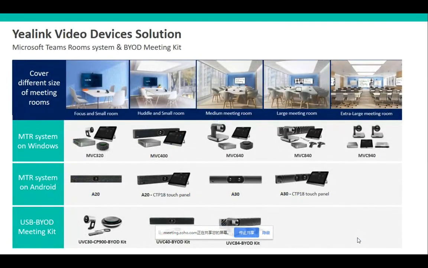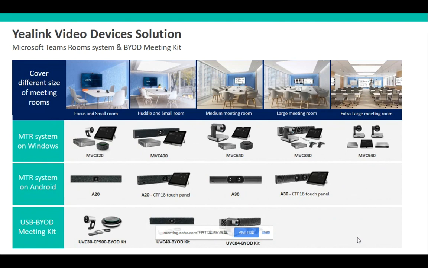And for the video part, from the small room to the extra large room, we all have solutions from MTR Windows. Especially the MVC940, you can see here with 2 cameras. It's the normal package. And if you have an actual requirement for more cameras, this package can support as many as 9 cameras.